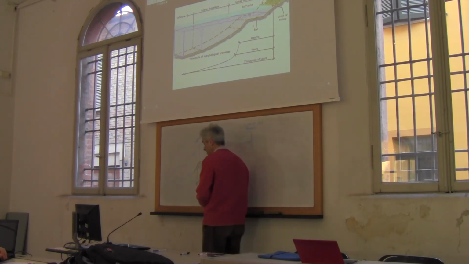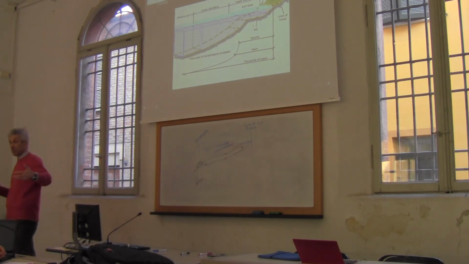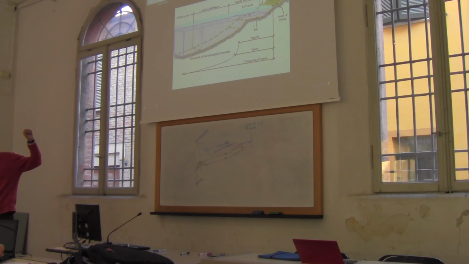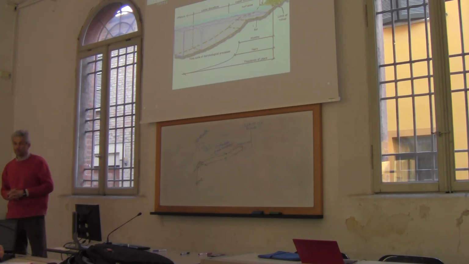This is a question that I may ask you: tell me what is the time scale of evolution of the beach. We will discuss more about this. So the bar, the time scale of the evolution of the bar, what is it? It's a seasonal time scale, monthly time scale.